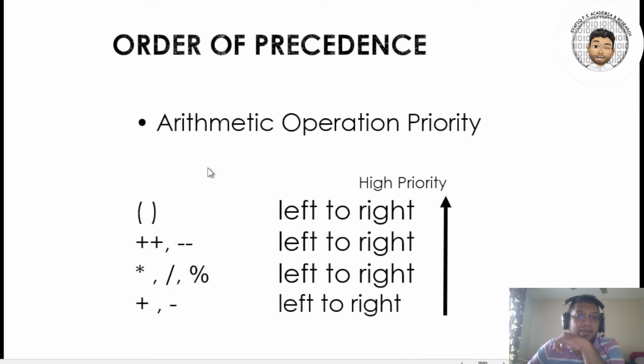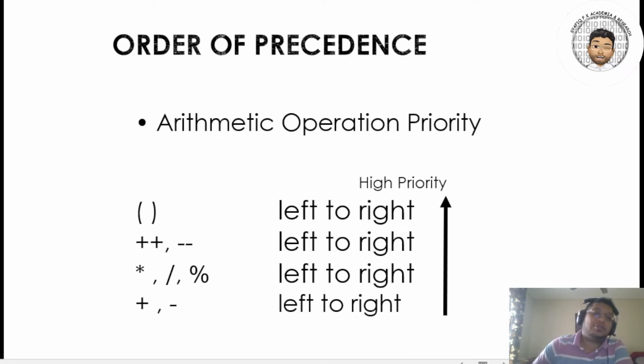However, in programming, the highest priority goes to brackets, after that is plus plus and minus minus, after that times, divide, modulus, and lastly plus and minus. Because of plus plus and minus minus, even in the computer science department we have a lot of students who use it confusingly in programs, so the result does not occur as intended.